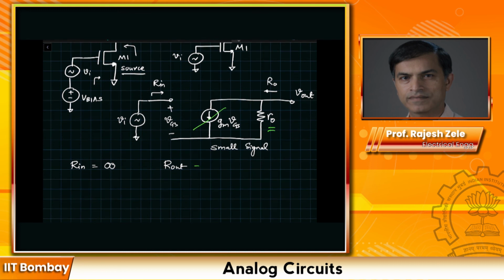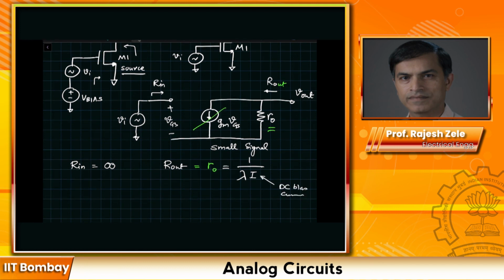So R out is going to be RO, and that is given by 1 divided by lambda I, lambda being the channel length modulation coefficient, and I is our DC bias current.